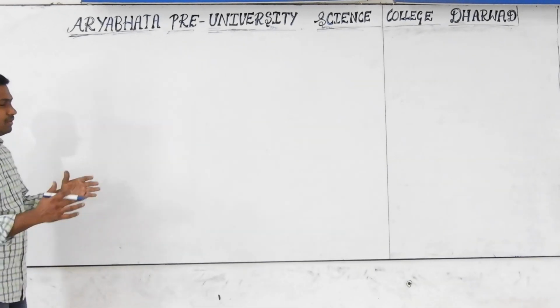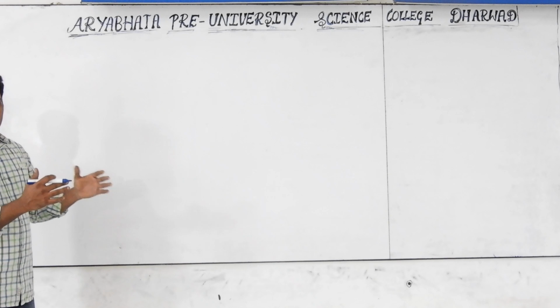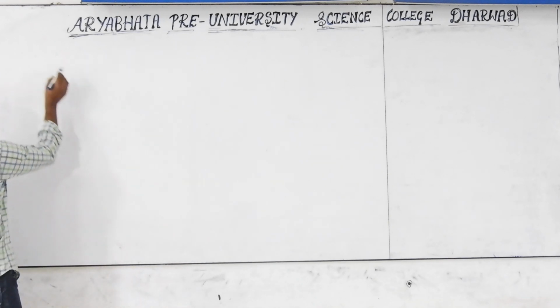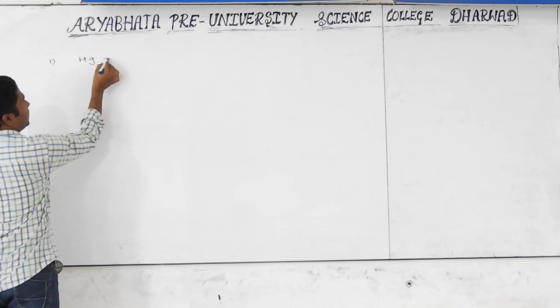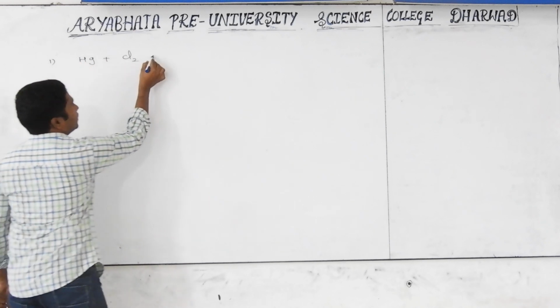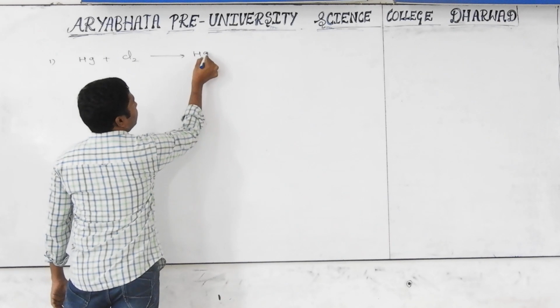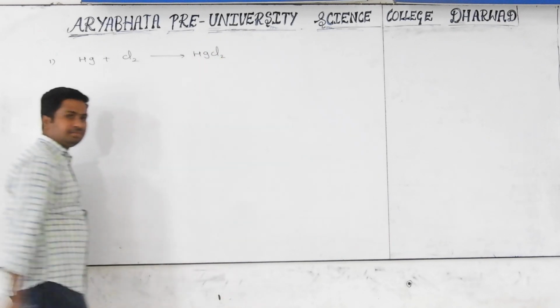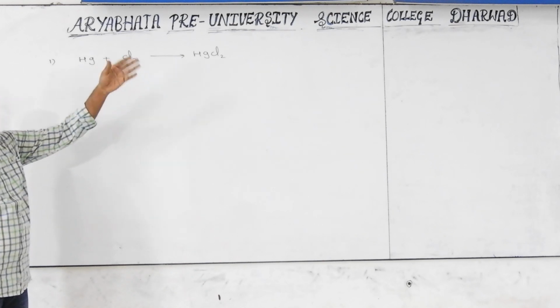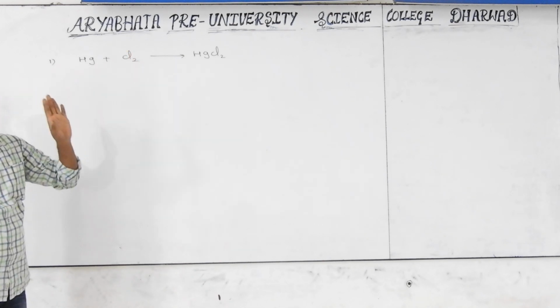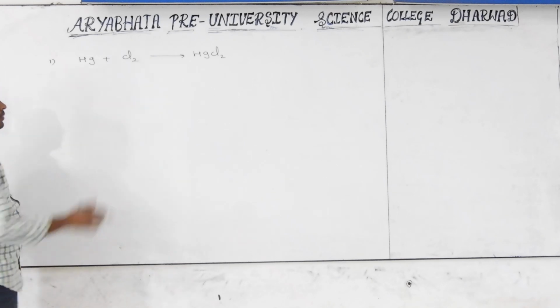Okay. Now I will give some examples for writing the rate of reaction. Under this first one, see carefully: H2 plus Cl2 gives rise to HCl. Given H2 and Cl2 concentrations, and the rate of reaction is asked, what has to be done?